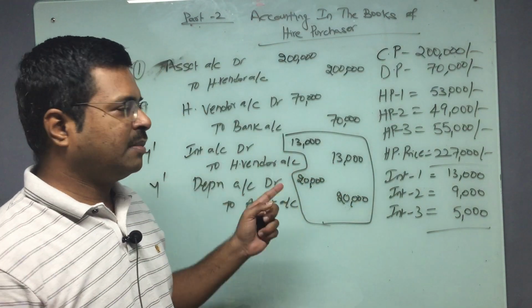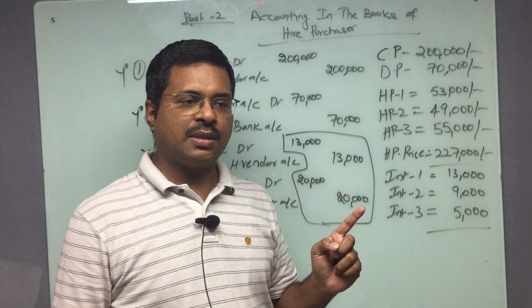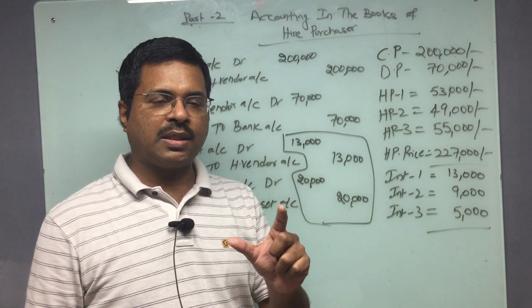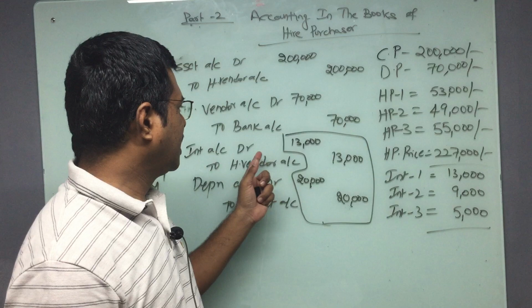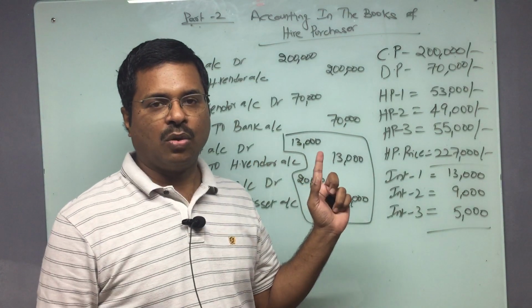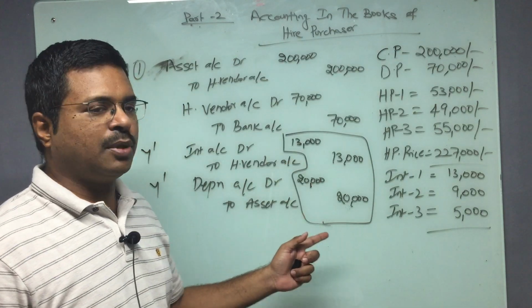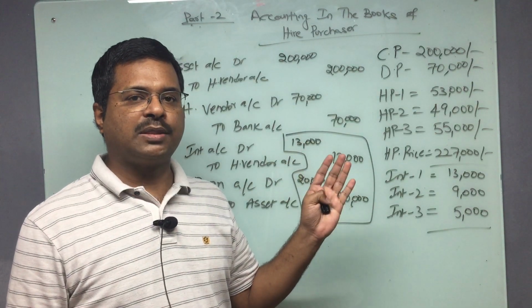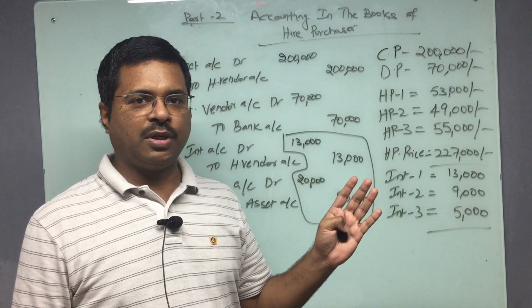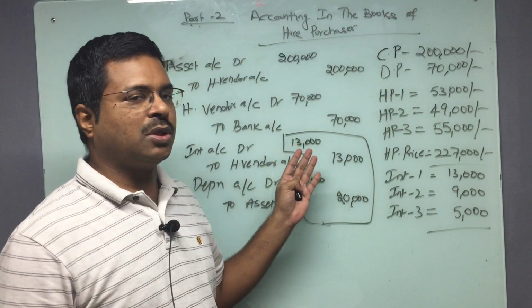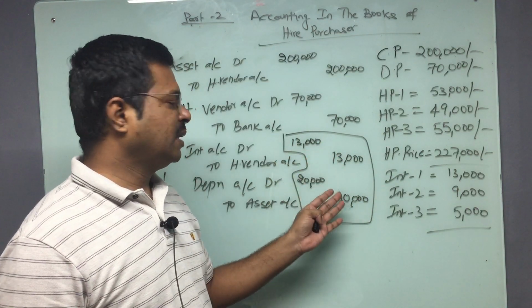So always remember what is the date of hire purchase, then calculate full year interest and proportionately debit to the expense and credit to vendor. Okay. Next, in this particular example, it is presumed that we have purchased on 1st April 2020. So on 31st March 2021, I am debiting these expenses.